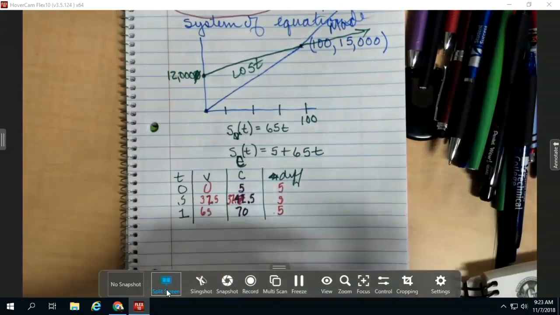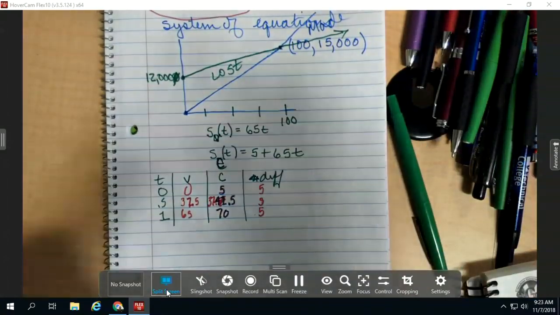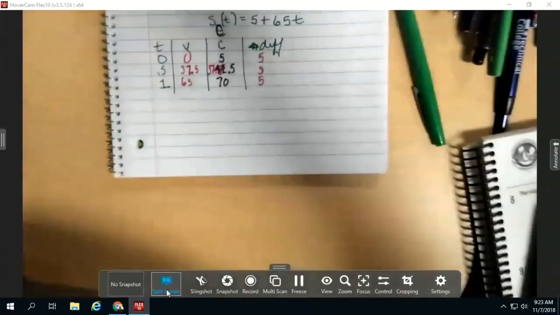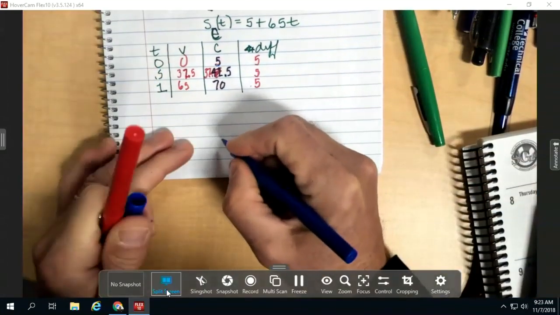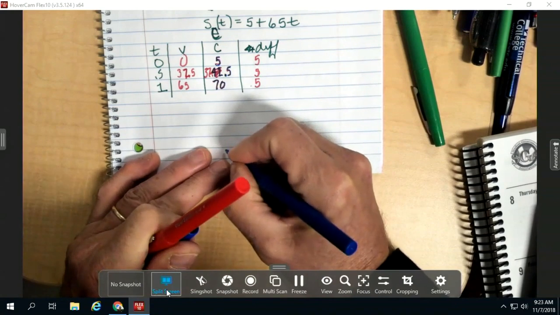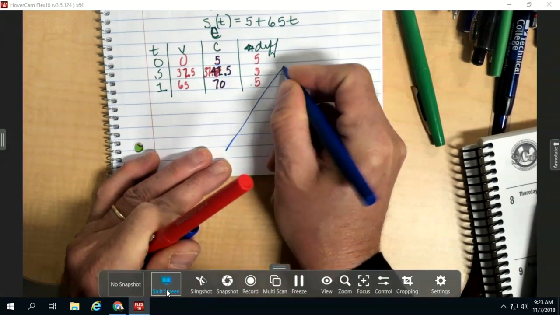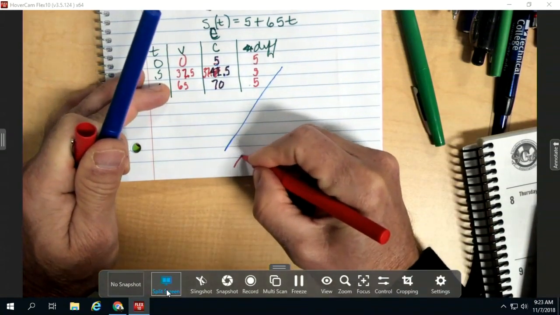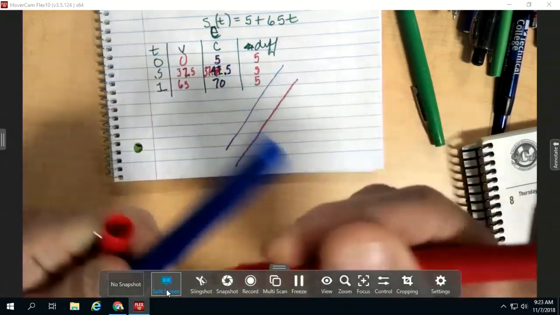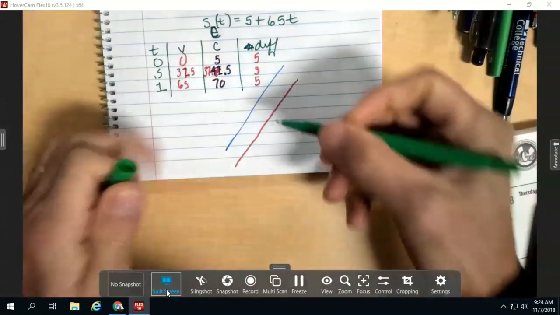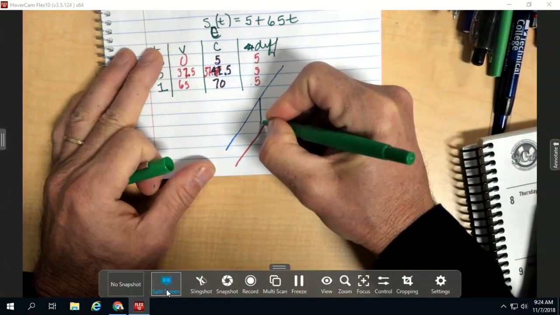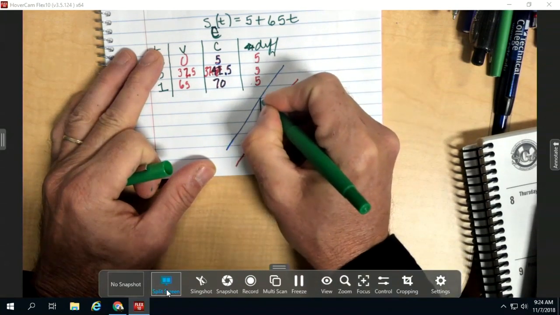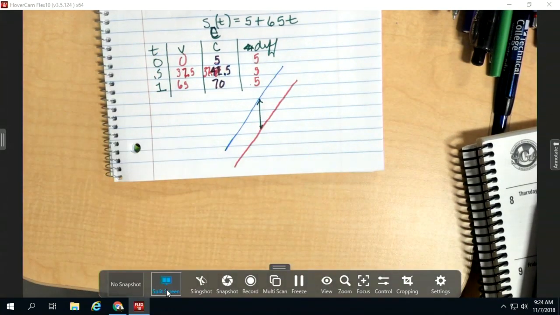This is crucial. I'm going to zoom in on the graph. Here is the car. Here is the van. What do the lengths of the short vertical lines represent?